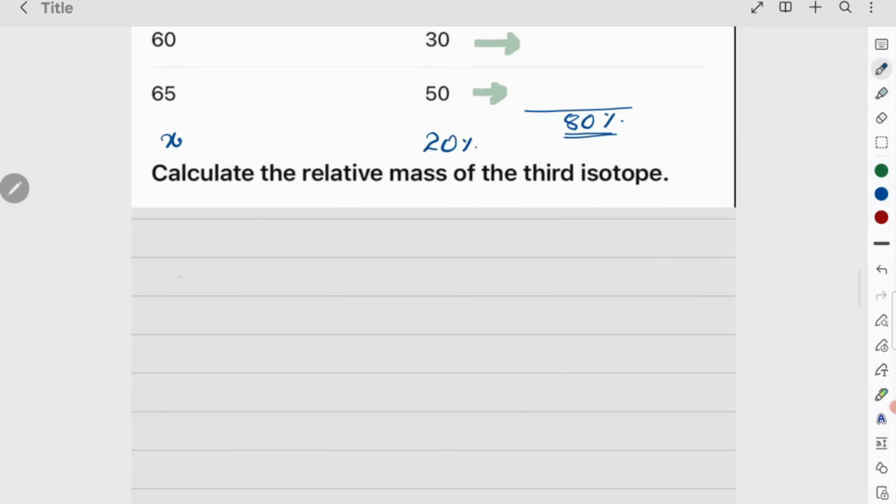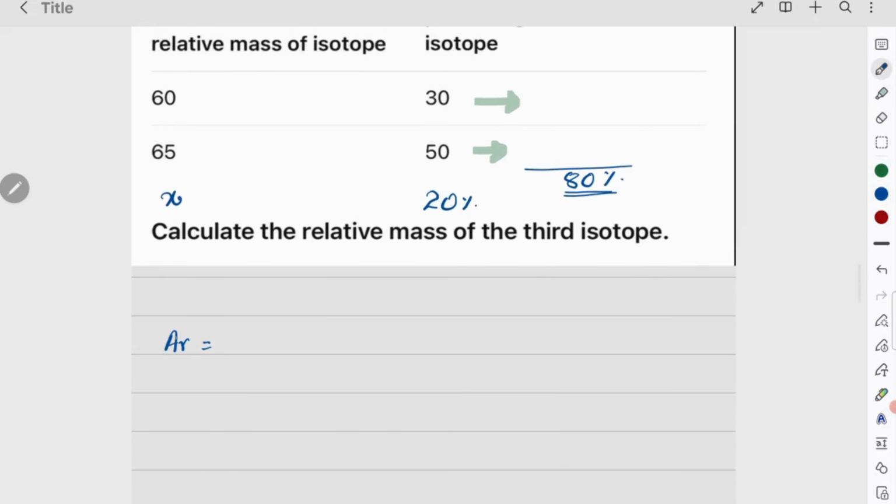We all know the formula to calculate the relative atomic mass of substances. AR, now isotopic mass: for the first isotope it is 60, multiplied by relative abundance 30, plus 65 multiplied by 50.